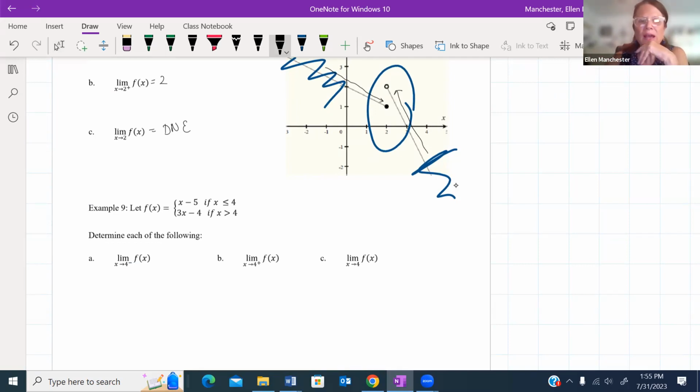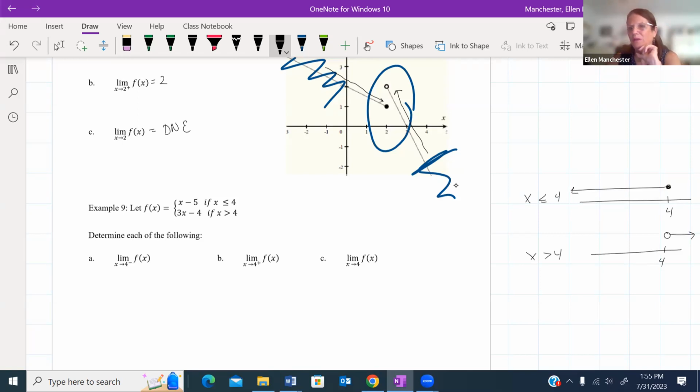So when you look at x is less than or equal to 4, if you look at this graphic with a number line, that looks like this, right? It's all the values less than or equal to 4. If I have x is greater than 4, it doesn't equal 4, but it's everything bigger than 4. So that's the difference between those two.